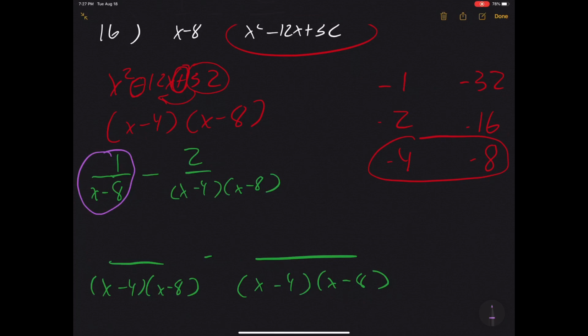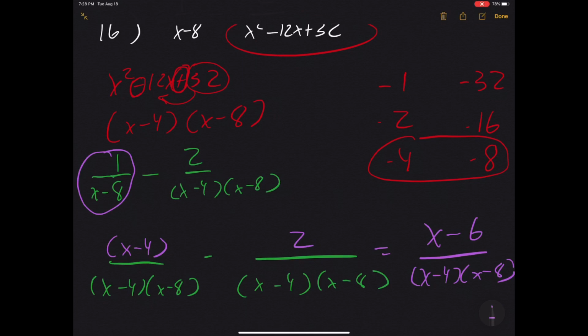It has the x minus 4, but it doesn't have the x minus 8, so we'll have to multiply our 1 by x minus 4. And then the term on the right actually isn't missing any piece. That's just our common denominator. So the 2 can stay alone. And we get x minus 4 minus 2, which is equal to x minus 6 over x minus 4, x minus 8. And we can't cancel anything, so that is just our solution to number 16.